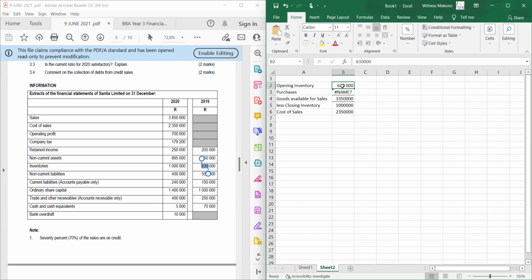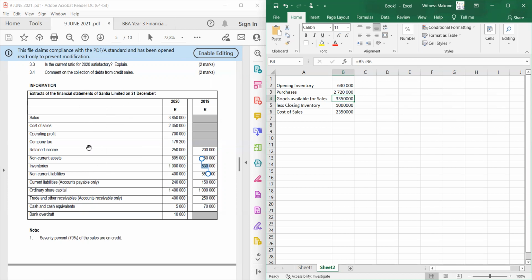That was an underscore, it wasn't a minus that you used. Equals this one minus this. You get 2,720,000, which is your purchases. Nice. So you need to know how to get your cost of sales. That's where the testing is, to get your purchases.